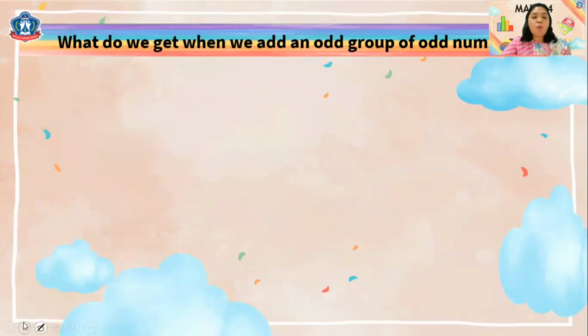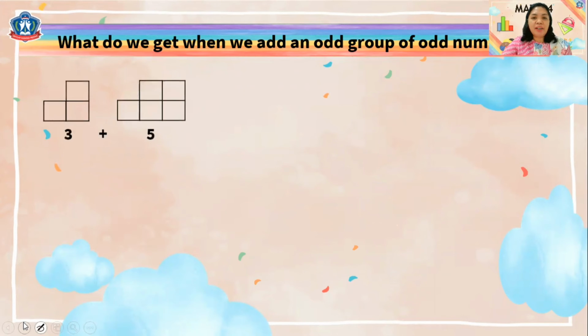Another. What do we get when we add an odd group of odd numbers? So, we have here an odd group of odd numbers. 3 plus 5. 3 is an odd number and 5 is an odd number. And we add 7. So, all of them are odd numbers.